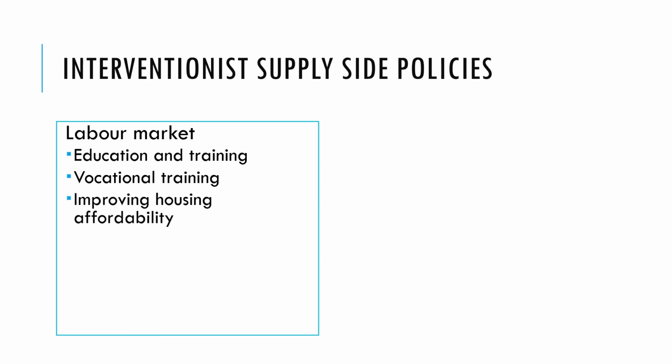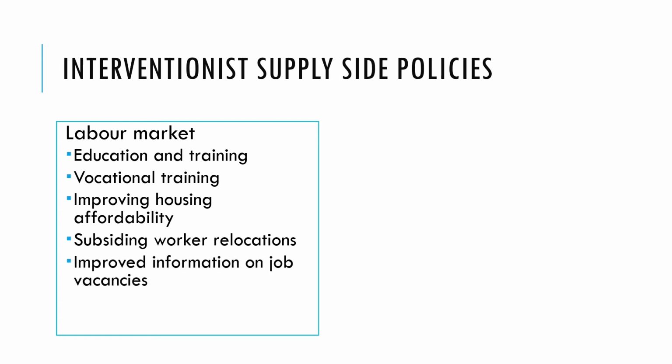Improving housing affordability would allow workers to move around the country, so they can go to areas where there is high employment and provide businesses in those areas with extra workers, enabling them to increase production. Similarly, subsidizing worker relocation, so giving workers money to relocate to particular areas where there is demand for workers, would again help the businesses in those areas and enable them to increase the scale of production.